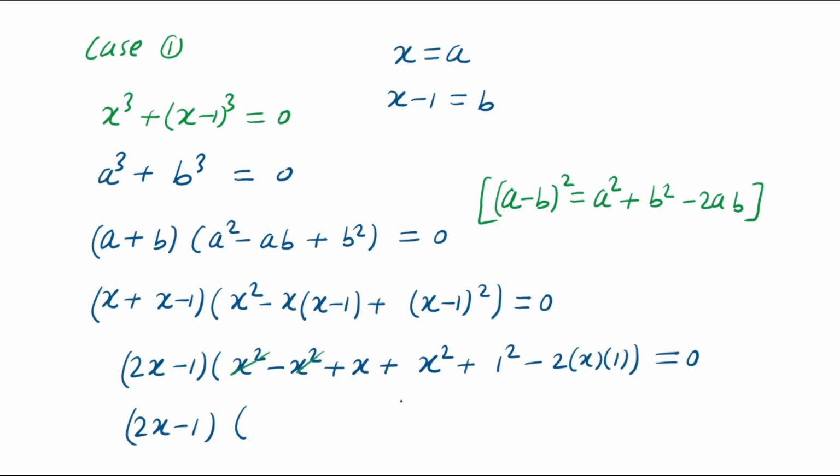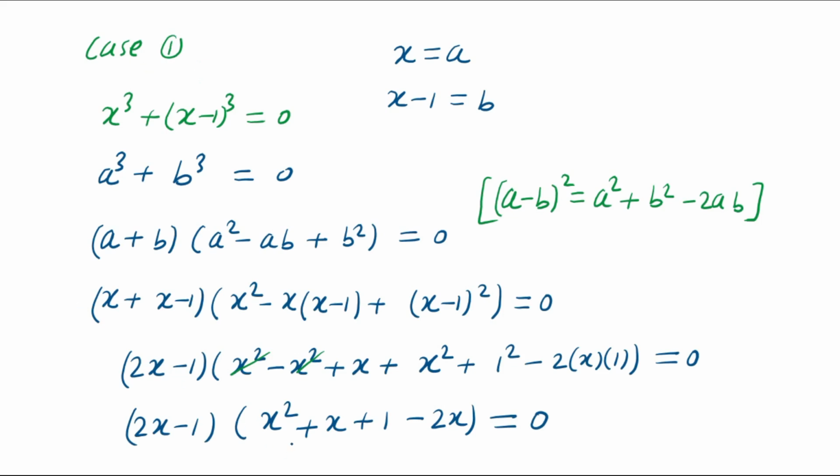And look carefully, here we have x square plus x plus 1 square is 1 minus 2 times x, and this is equal to 0. In the left hand side we have 2 times x minus 1 multiplied by x square, and this is positive x and this is negative 2 times x.